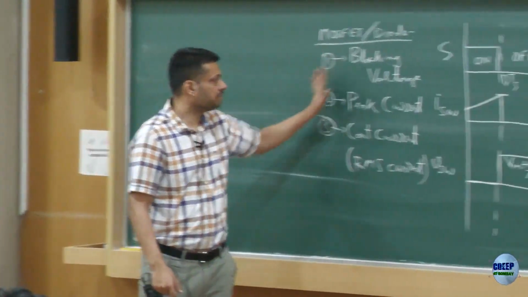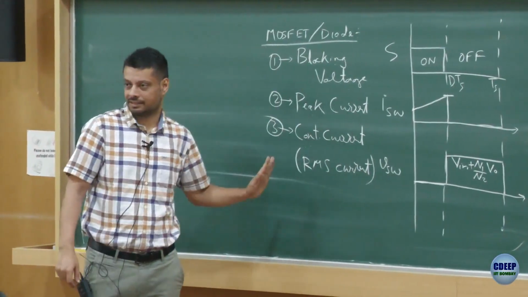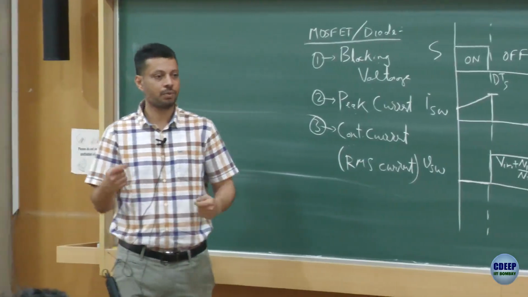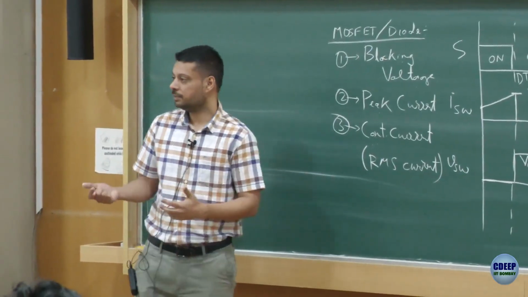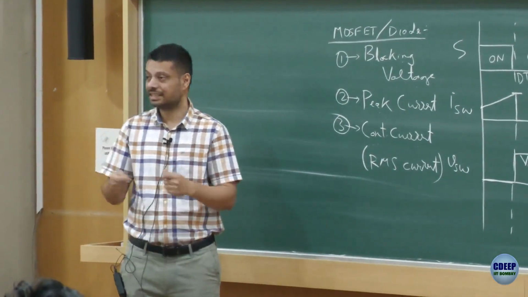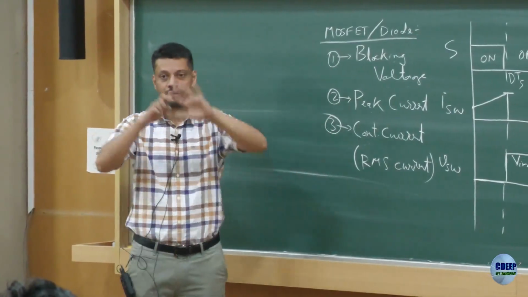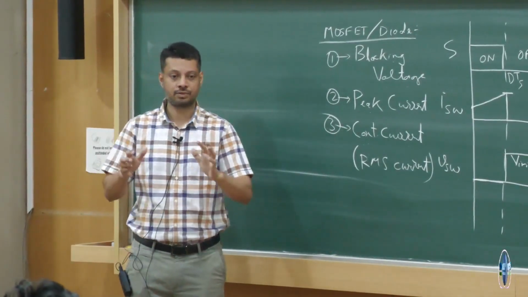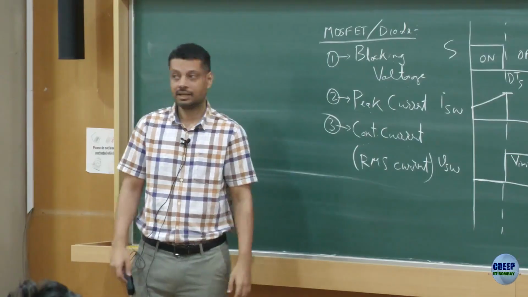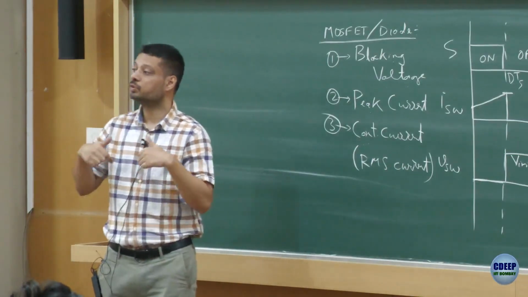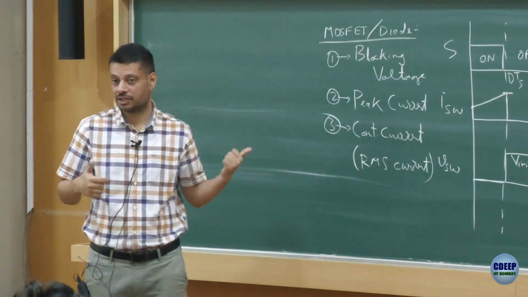These are of course the first level things, the most basic things. First, you decide whether you want a MOSFET or diode or IGBT or GTO. Second thing is you decide these three things, and then you restrict your search space to a few options. Of course, you still have thousands of options even with these values.